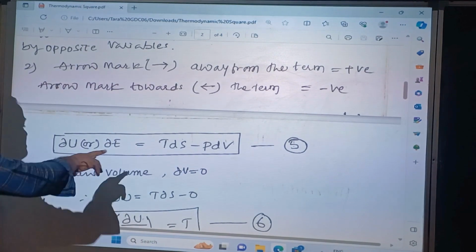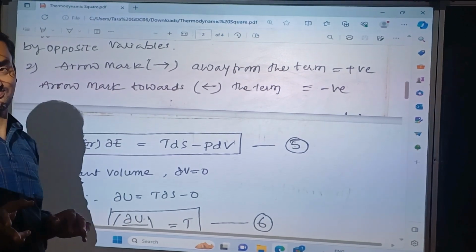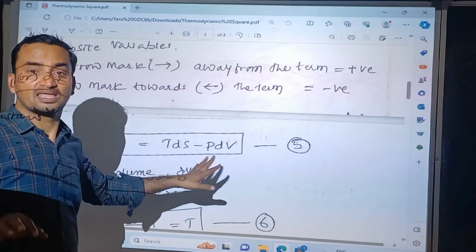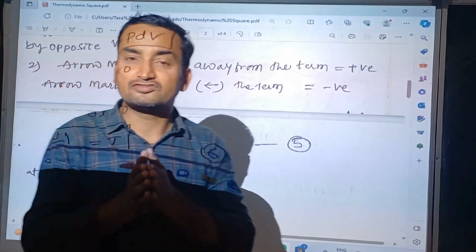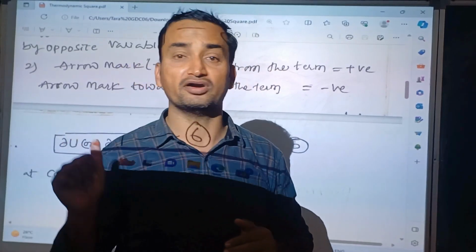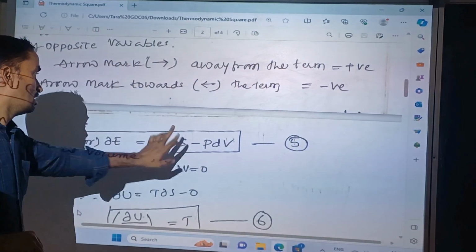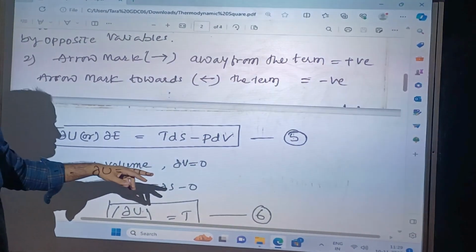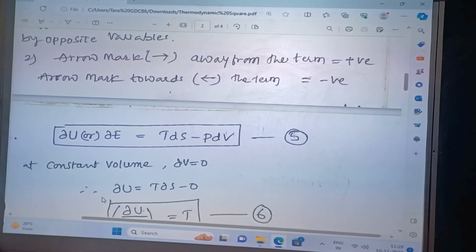Now again from this we are going to get two more relations. These are important for your JEE Mains as well as for your NEET exam, also very, very important for Advanced. Now if you see, from relation 5 we are going to get two more relations.